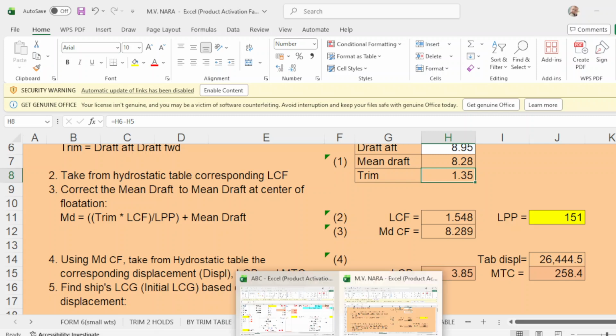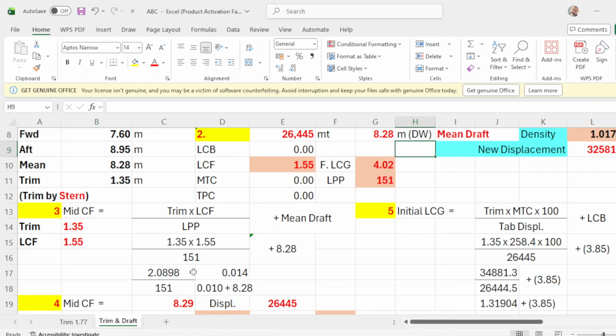And let's proceed. So the formula is trim times LCF over LPP plus mean draft. So I put here the trim, and your LCF is 1.55, which is this one. So transpose your trim is 1.35, and your LCF is 1.55 over your LPP. LPP is 151.